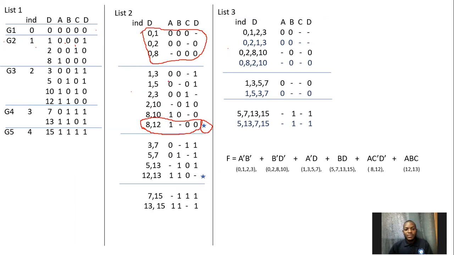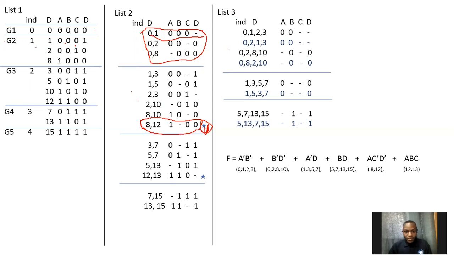It didn't combine with any group in this column because it is differing in more than one place. So that's why we are having this asterisk here.